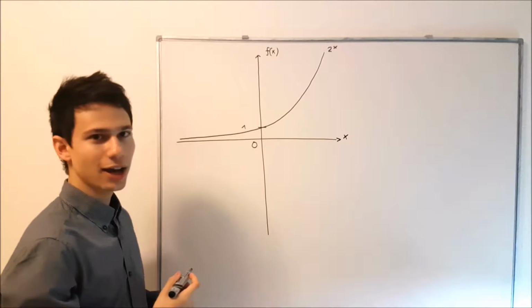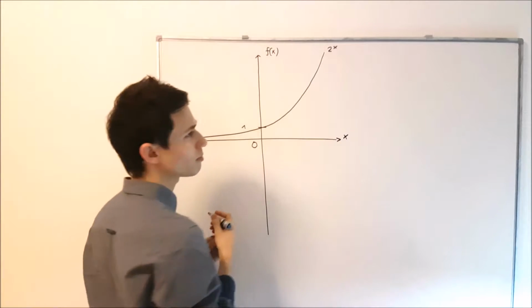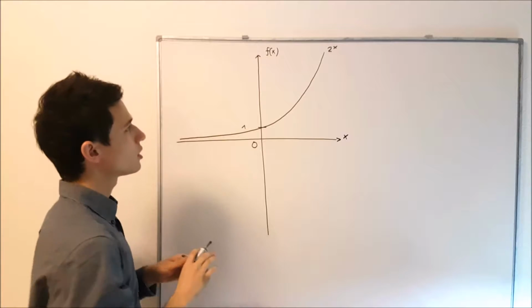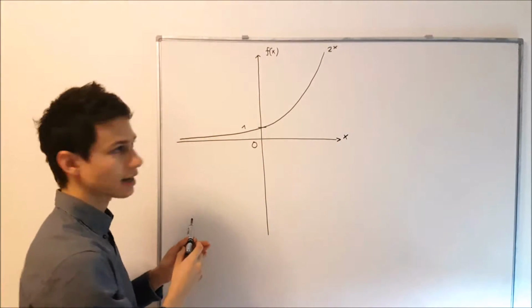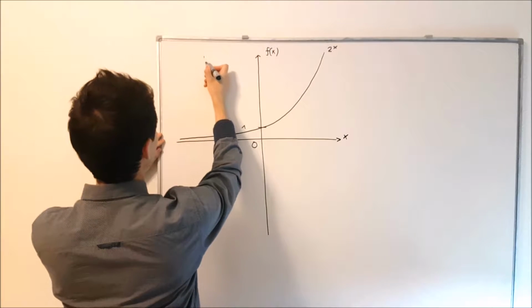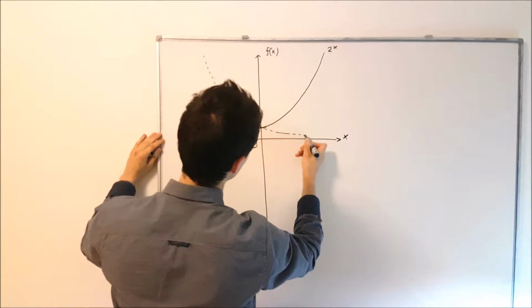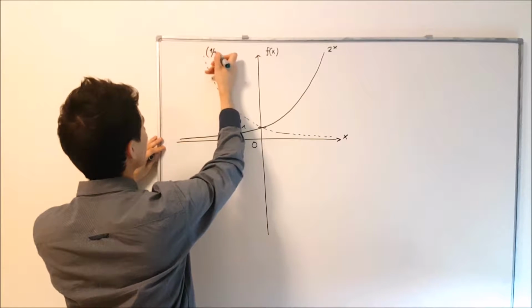And if you would like to have the graph of the inverse of this base to the power x, so in this case 1/2 to the power x, you simply mirror this function at the y-axis, and what you get is approximately this function.